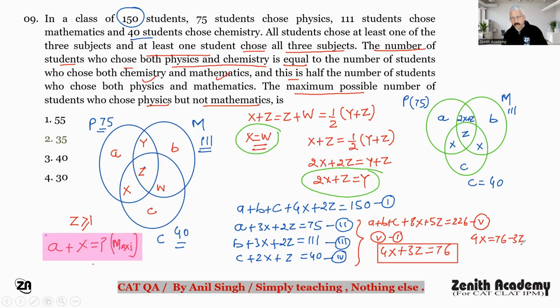If I take z is equal to 4, z is equal to 8, 4, 8 means the multiple of 4. Then the left hand side, which is a multiple of 4, would satisfy the equality. It is 4x, a multiple of 4, 76 is 4 into 19.